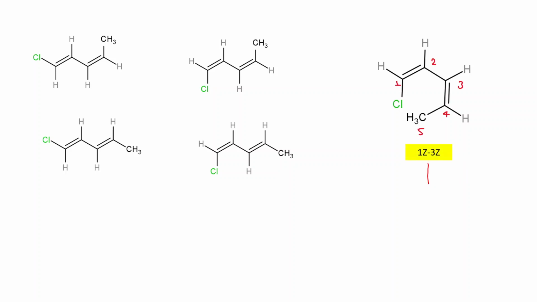This is 1Z3Z, right? So the double bond at 1 is in Zusammen configuration. Take a look at this H, and the double bond at 3 is also in Zusammen configuration. Take a look here. And where is your 1Z3Z on this side? This one. But they look entirely different. How can we superimpose these two molecules and say that they are the same molecule?